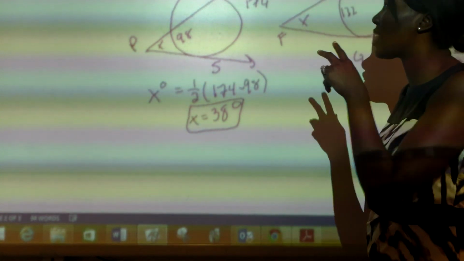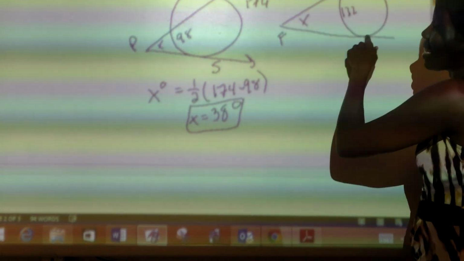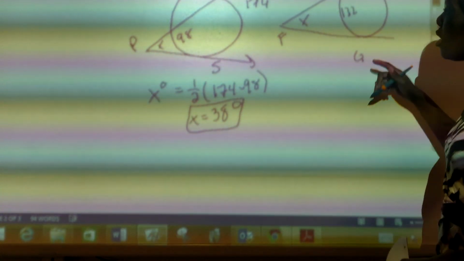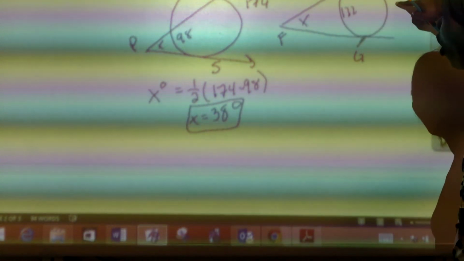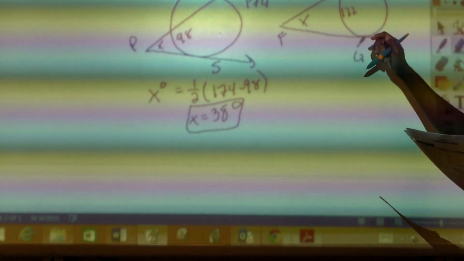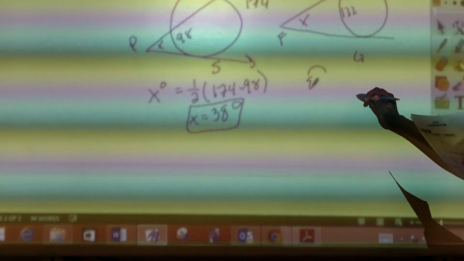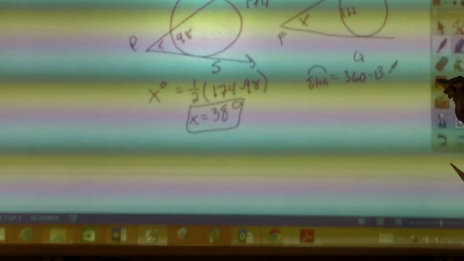Whenever you have two tangents, the two arcs are basically the entire circle, the sum of those two. So the fact that we only know this one is 132, we know that it all encompasses the whole circle. So to find arc EHG, you do 360 minus 132.